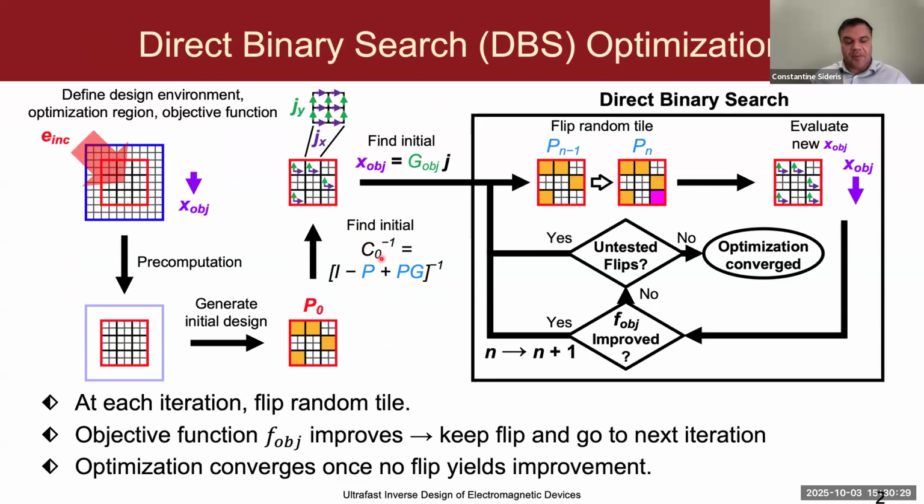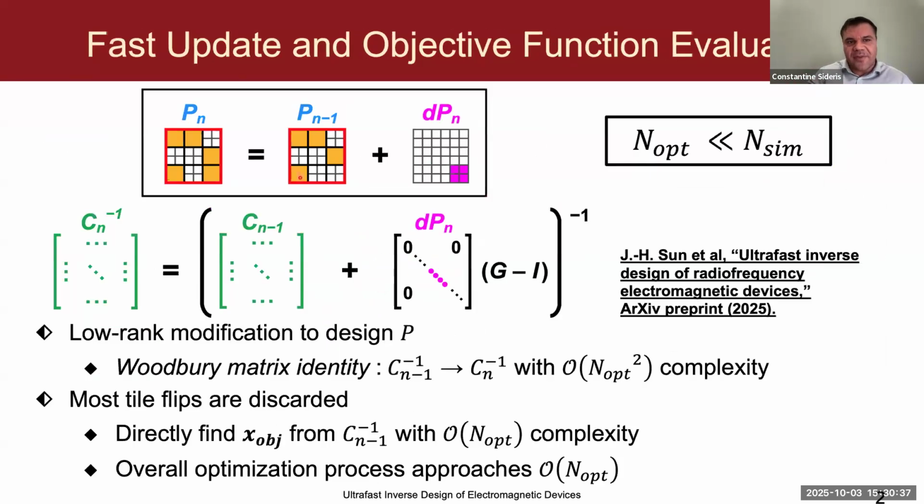And this cost would again be proportional to n opt cubed if we were solving a dense system of linear equations. However, since we're only making a very sparse change to our grid, we're only perturbing this P matrix by a few elements. And if we have the inverse of C, we can use a very well-known mathematical formula for low-rank updates called the Woodbury matrix identity.